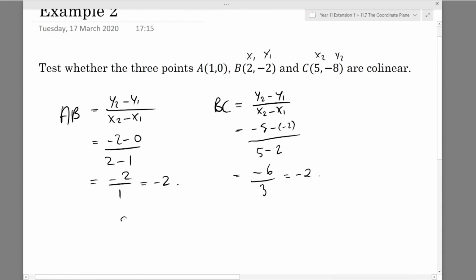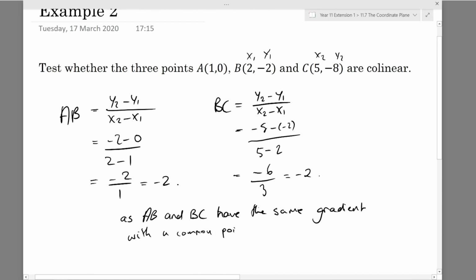So as AB and BC have the same gradient, with a common point B, then A, B, C must be collinear.